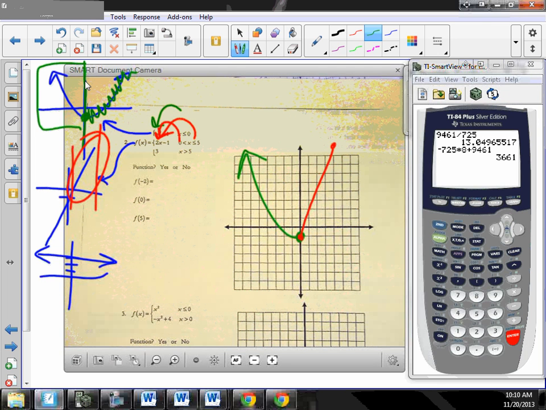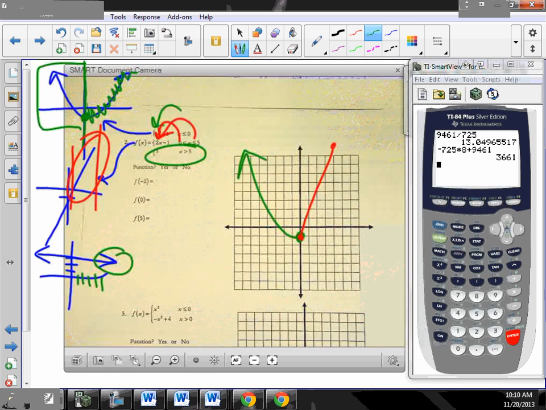And for this one, I'm just going to go over to 5 and include that part of the graph. Is the endpoint open or closed? Look again. Open. So I go over 1, 2, 3, 4, 5, and I go up 3, open circle, the line going over.